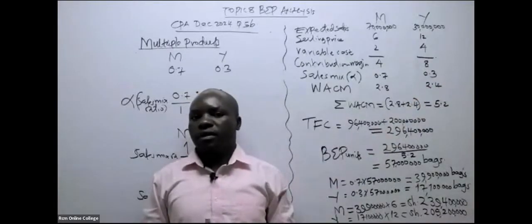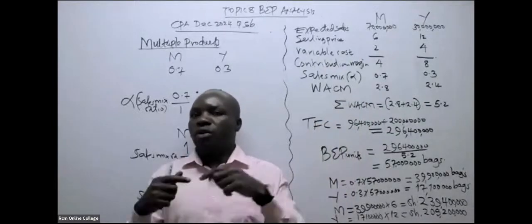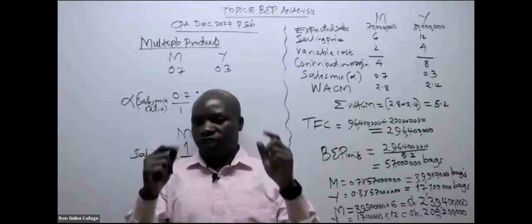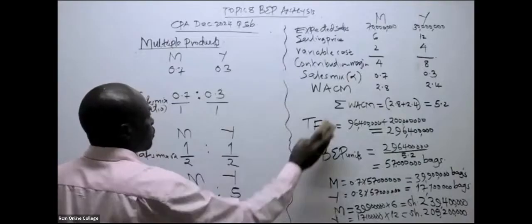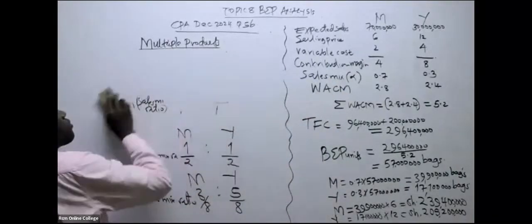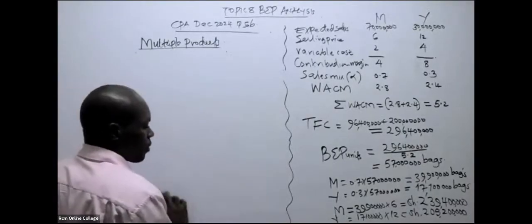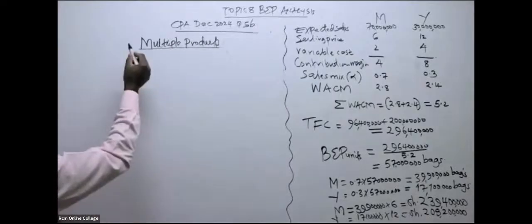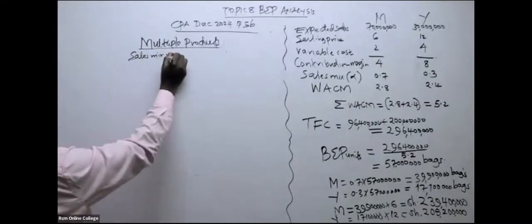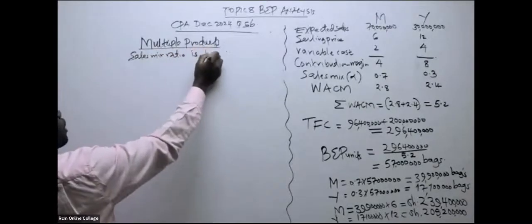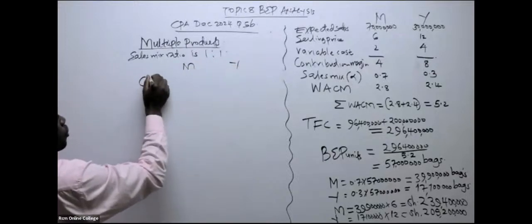Good. Now, if I interfere with the sales mix ratio and change it to 1:1, what will be my break-even point in units? Let me see if somebody will be able to do that. If I interfere with alpha, what will be my break-even point in units? So for product M and Y, remember contribution margin is already there.